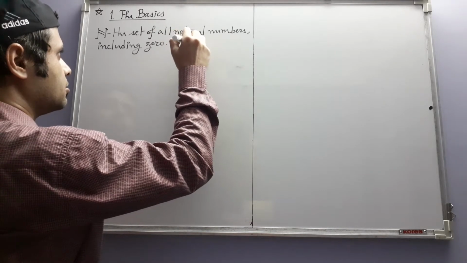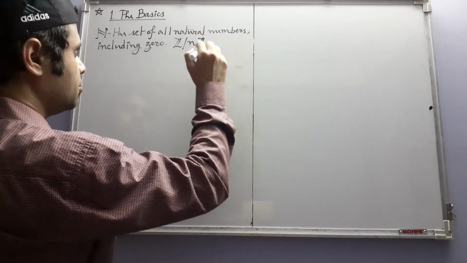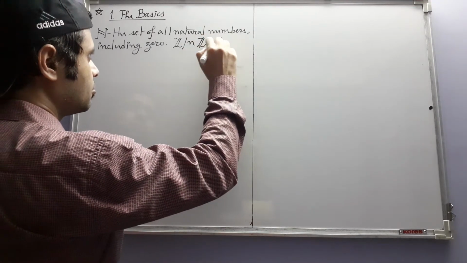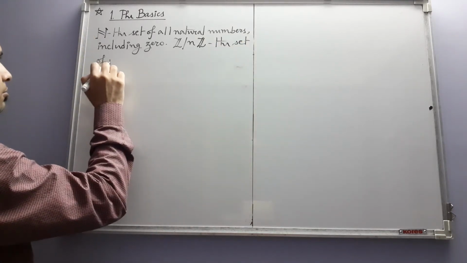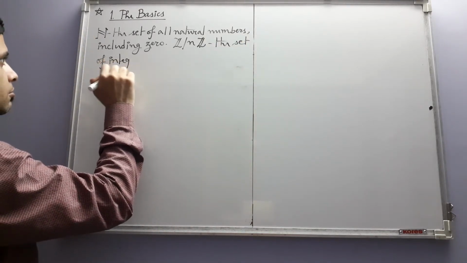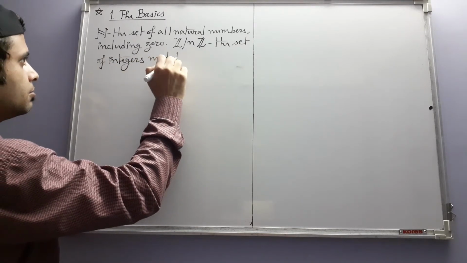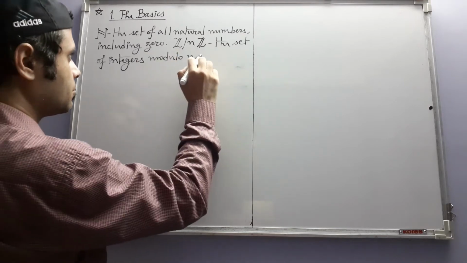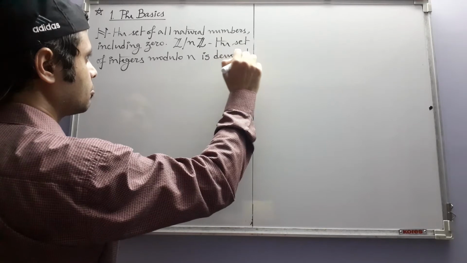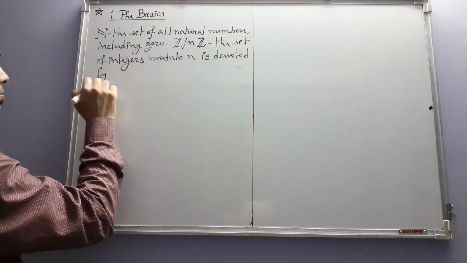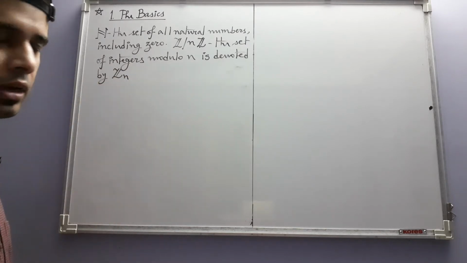Okay. Then this set Z by nZ, which we know as the set of integers modulo n, is denoted in this book by the symbol Z_n.